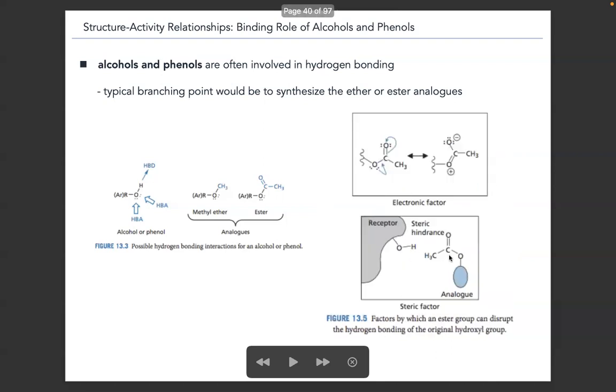Now you put something on there that's a little bit larger, so that's definitely going to come into play. And so we'll talk about how you go about putting something on the molecule that is approximately the same size, but is able to change the hydrogen bond donating ability of the particular functional group.